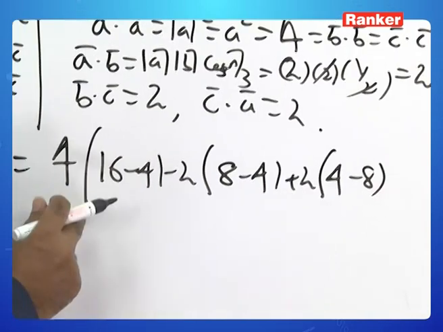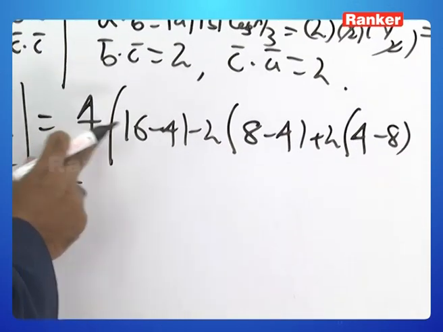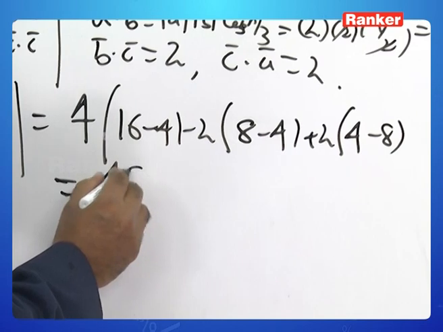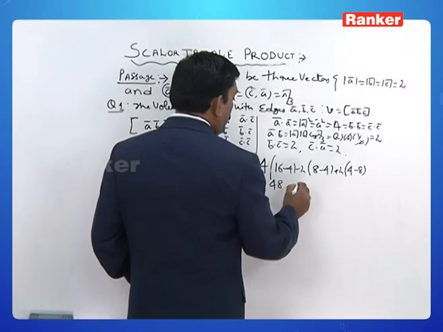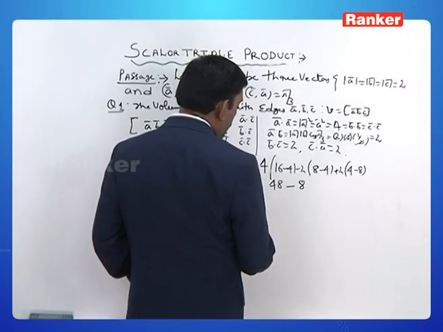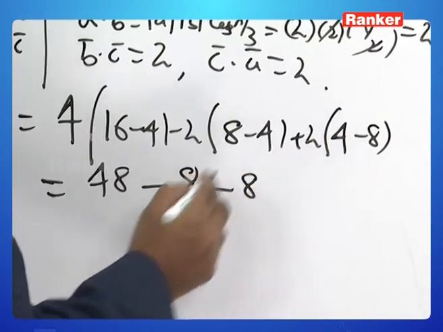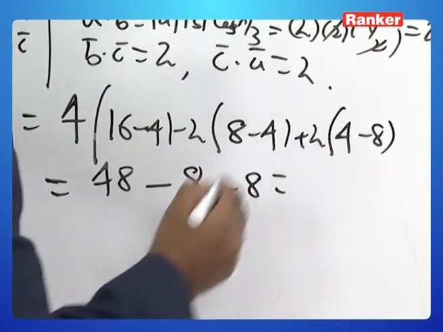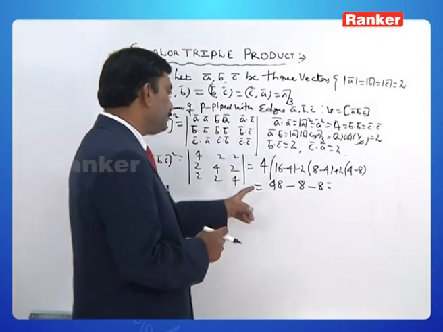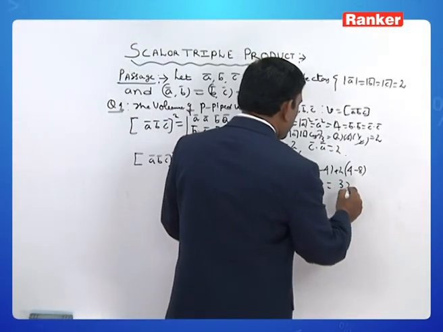This is 4 into 12, which is 48, minus 8, minus 8, which gives 32.